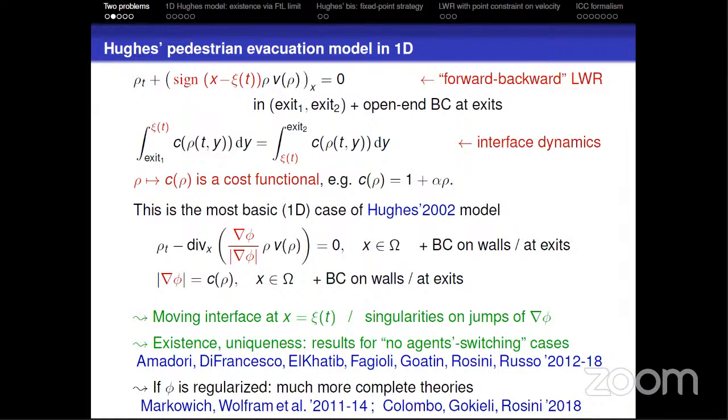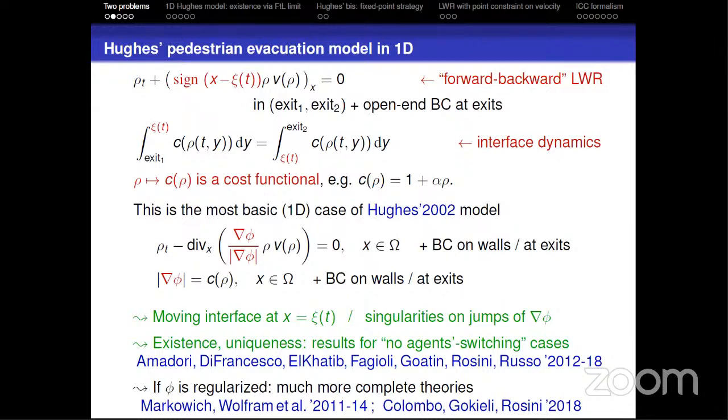And in this situation, the well-posedness results for this model are known for the case which we can call no-edge switching, which means that every pedestrian in the crowd will decide his way to the right and to the left and will never change, which is actually a very limited situation because the idea is exactly that pedestrians can change their mind if they find themselves on the other side from the interface.